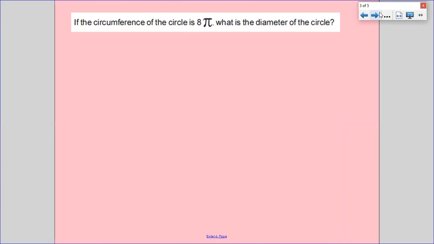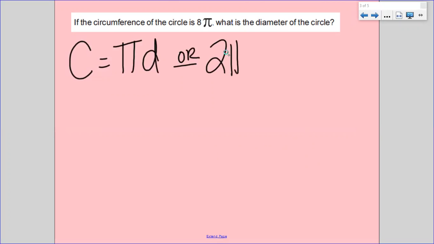This one was missed a lot, but I think this is a quick fix. You went too quickly and didn't check your work on this one. Just to remind you guys that the circumference formula of a circle is either pi times diameter or 2 pi r. Okay, they mean the same thing.